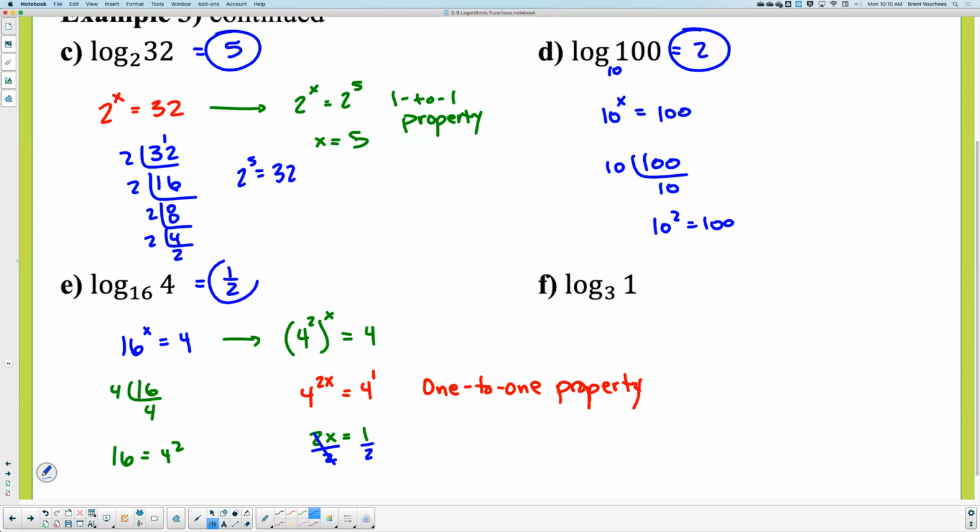Do y'all want to check that in the calculator? Go for it. Log 16 of 4. Press enter. So if you remember, a fraction power is the same thing as a root. So we could have thought it this way, instead of saying 16 to what power is 4, which the answer is 1/2.